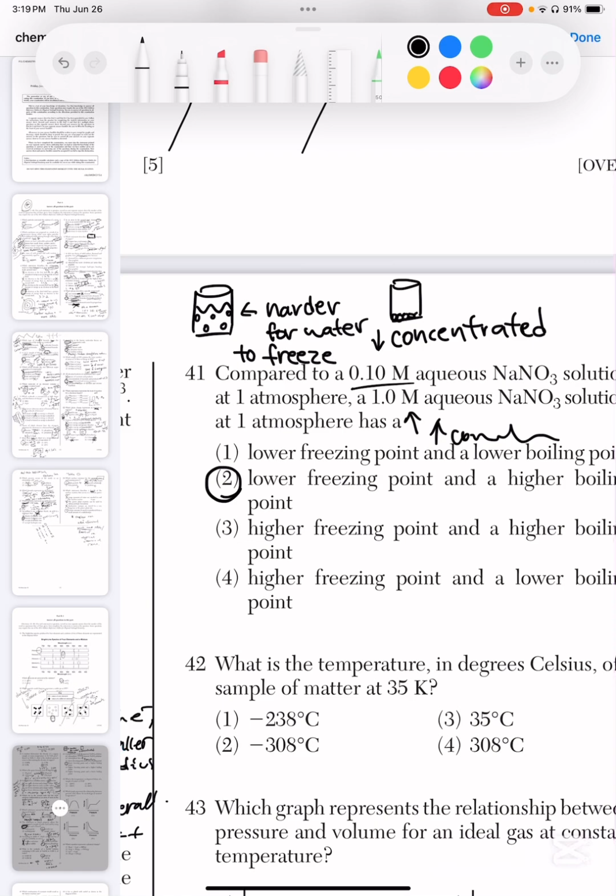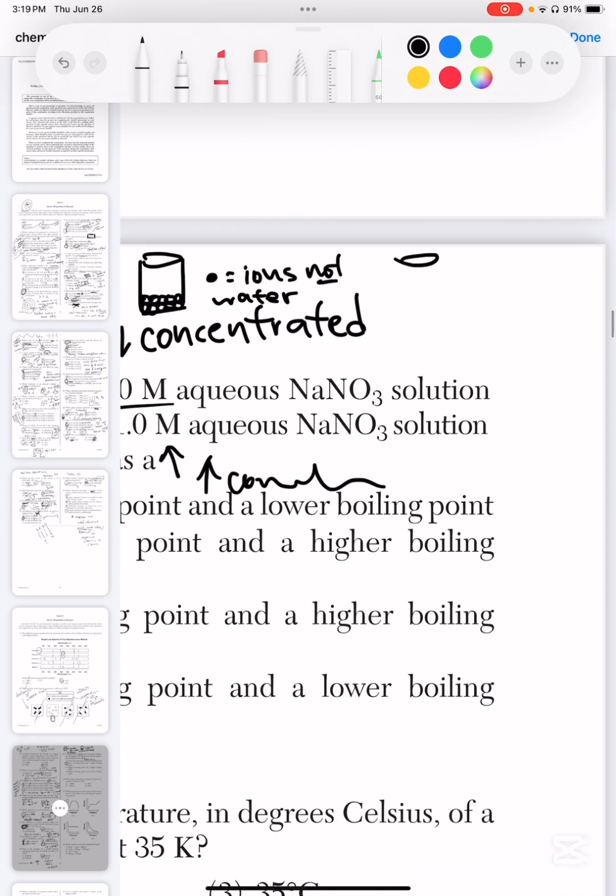Imagine these white things are water molecules, frozen water. But now, with ions, when you have a solution, the waters are trying to freeze, but there are interrupting things, you see?